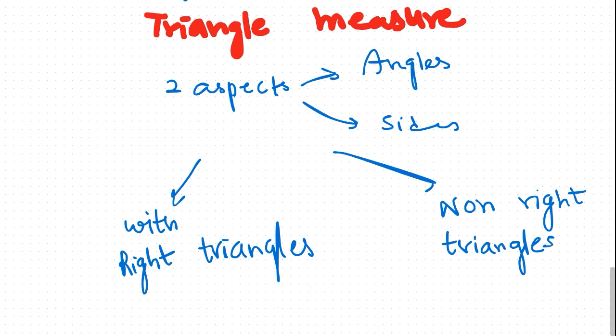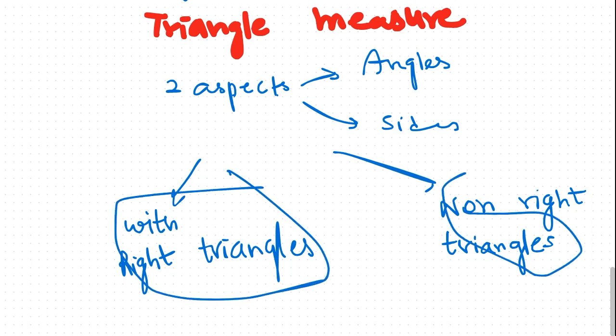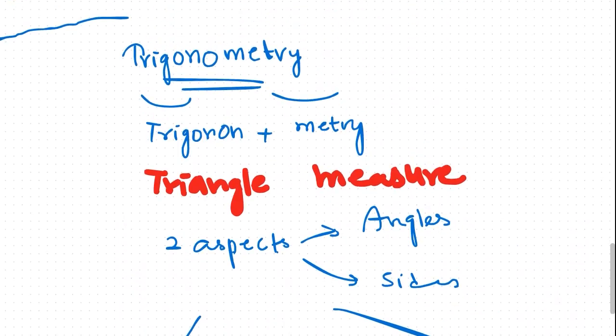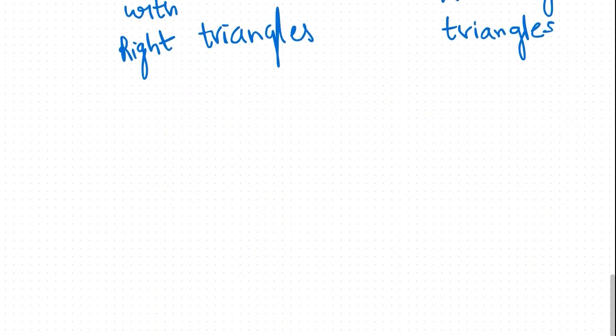There are separate sets of strategies when you are dealing with right triangles and non-right triangles. As the chapter goes on, we'll go into detail. For now, we'll focus on the basic aspects like prerequisites, like similarity versus congruence.